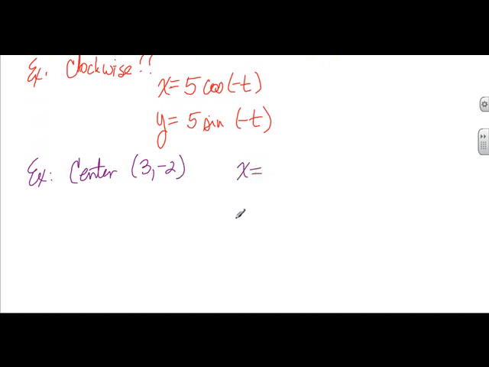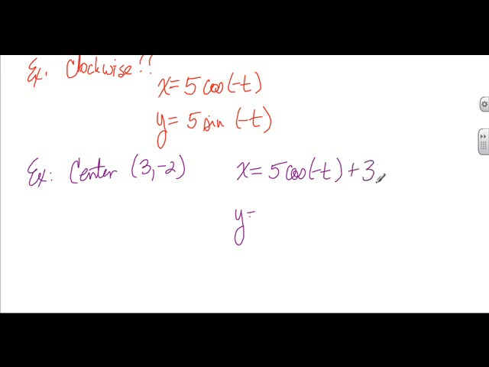Well, if you think about the center at 0, 0, and we want to slide it over so the center is at 3, that's going to be a horizontal move. And what we want to do is add 3 units to all of our x values. So 5 times the cosine of negative t plus 3 is going to shift that circle over so that the center has an x-coordinate of 3.